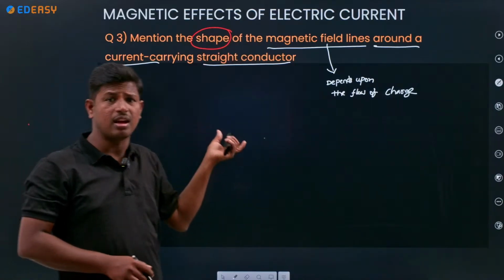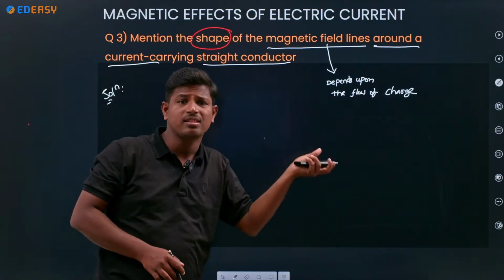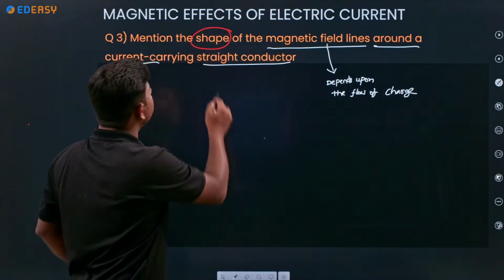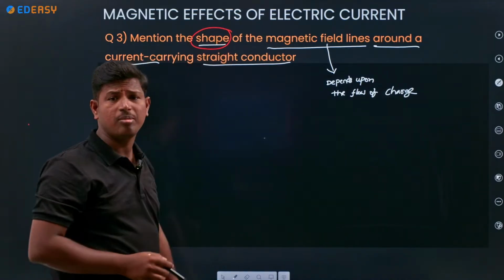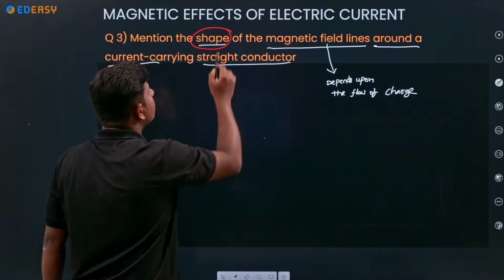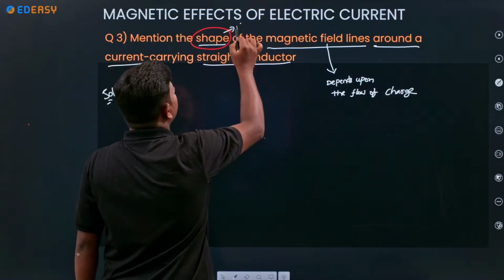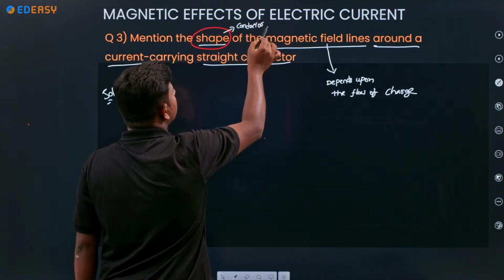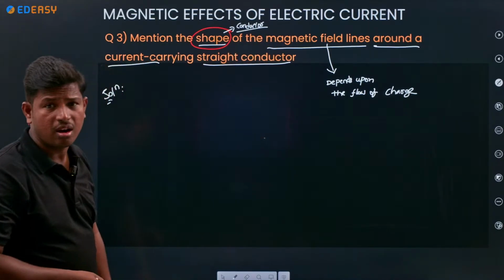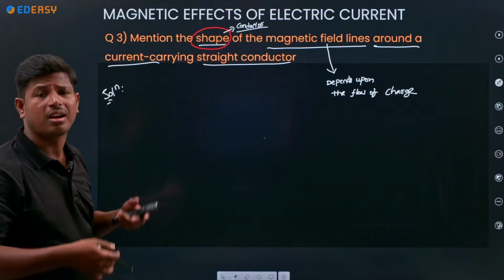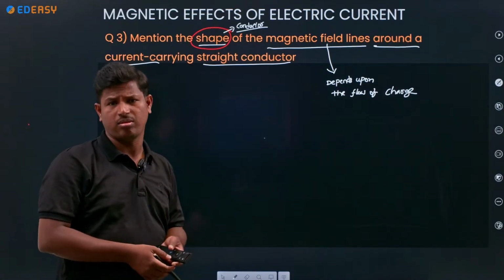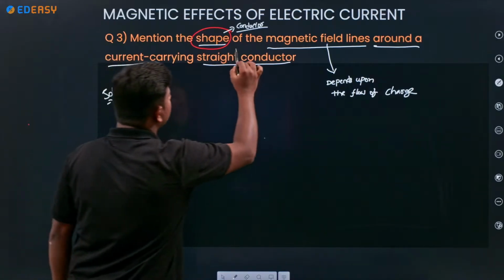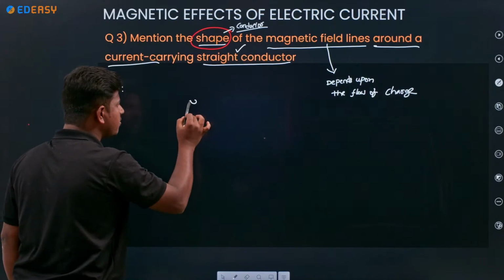Just now we discussed: current increases, flow increases, magnetic field increases. So the shape depends upon what? The shape depends upon the conducting material, whether it is straight or circular or triangular or any other shape. Next, which one have they given? A straight conductor. So let us take a conductor that is very straight.